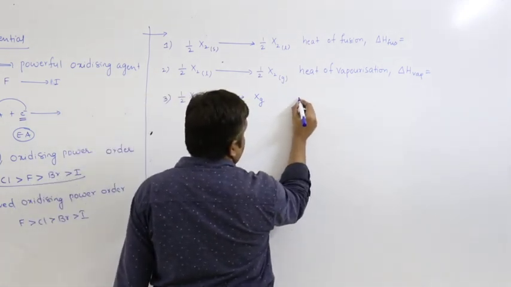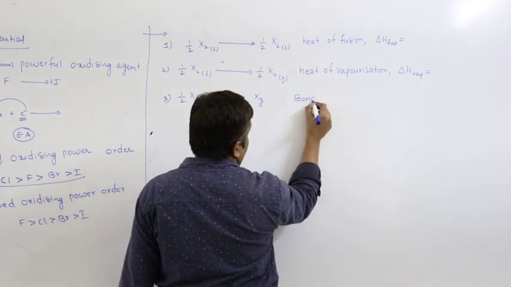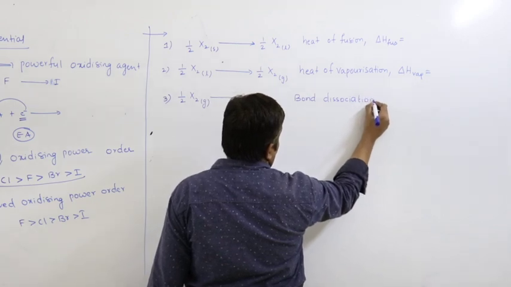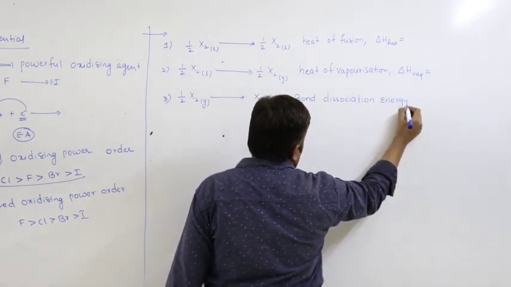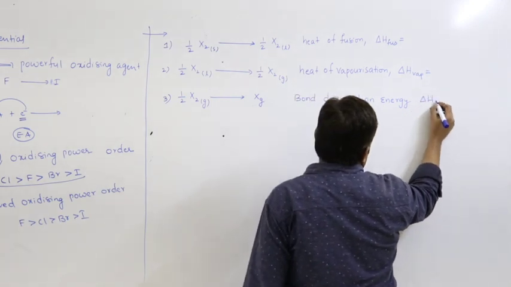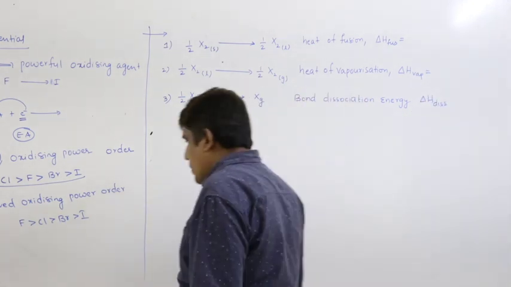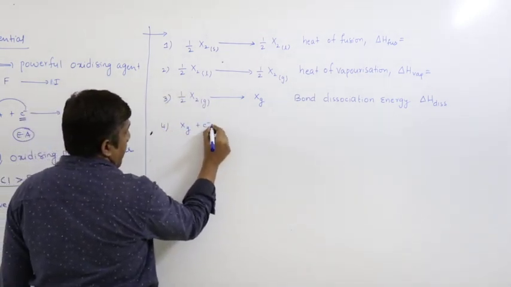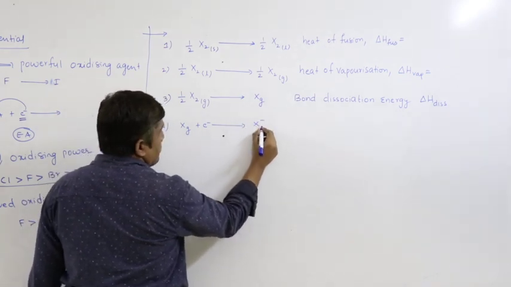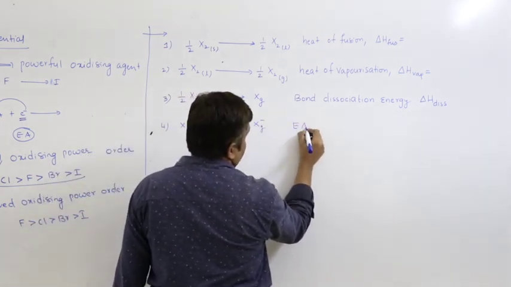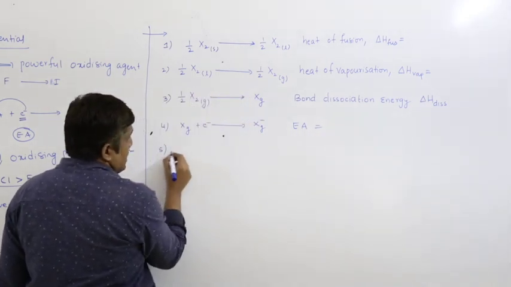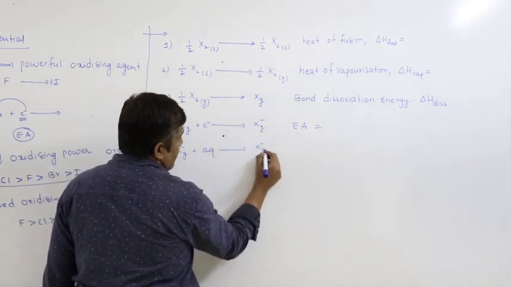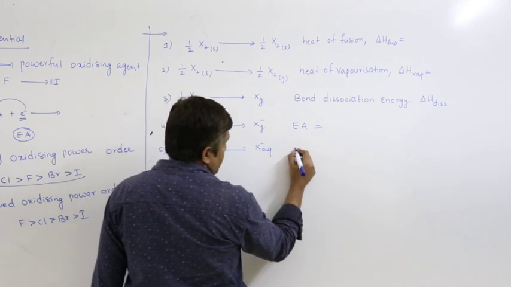We call it bond dissociation energy, delta H dissociation. The next step is electron gain enthalpy, electron affinity, and the last step is heat of hydration. Nothing but you have to dissolve in water. This takes place in aqueous solution, X minus aqueous, heat of hydration.